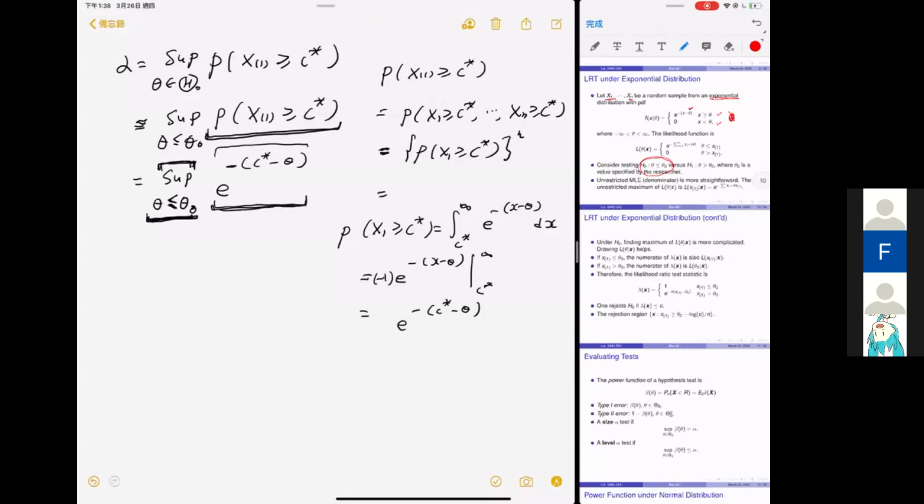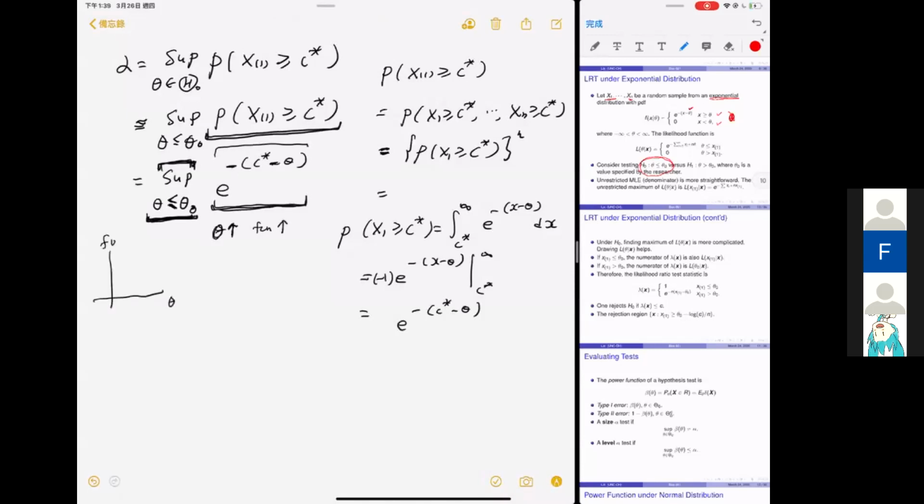An easy way is to ask yourself, what if theta gets bigger? Imagine minus 10 right here. If theta gets bigger, the whole function gets bigger. If that's the case, and you're trying to find the supremum, then this is an increasing function.